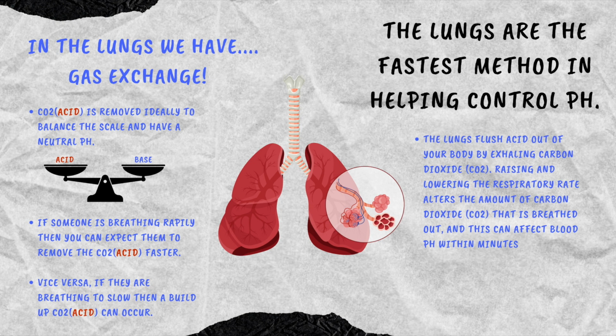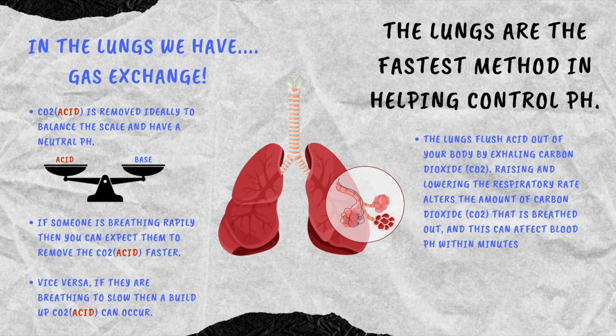Now, for someone that's breathing too fast, they're going to be blowing off more acid. So this would cause them to be in a base excess kind of state. Now, vice versa, if you have somebody that's breathing too slowly, then they're going to be holding in that carbonic acid, and they're going to have a buildup of acid then, so that would put them in an acidotic state.